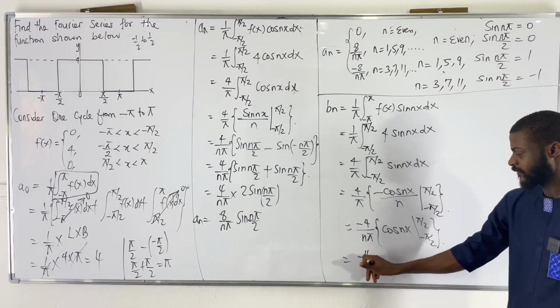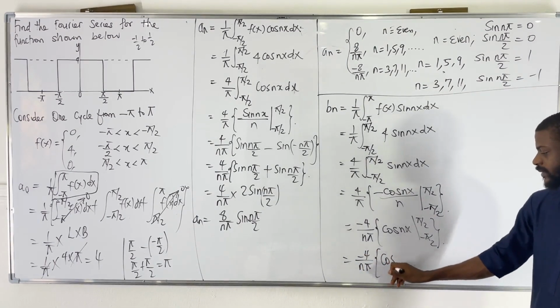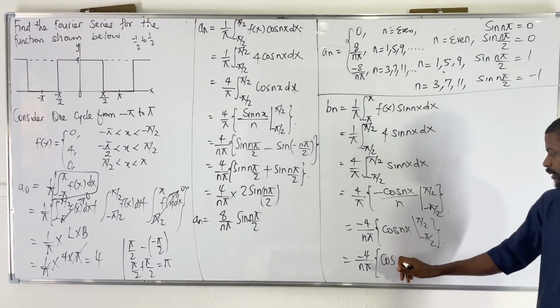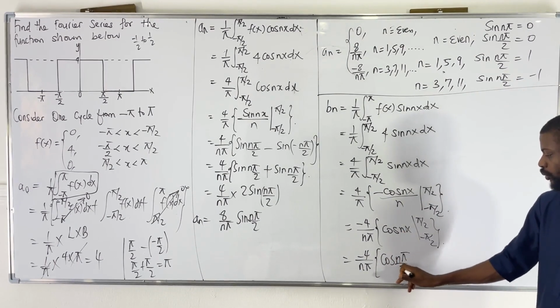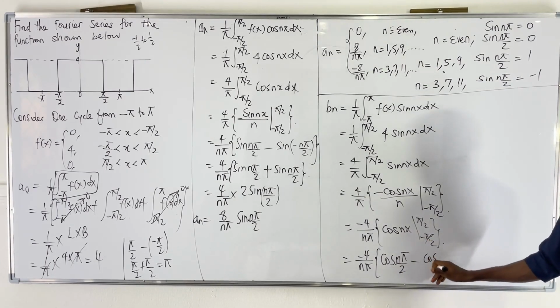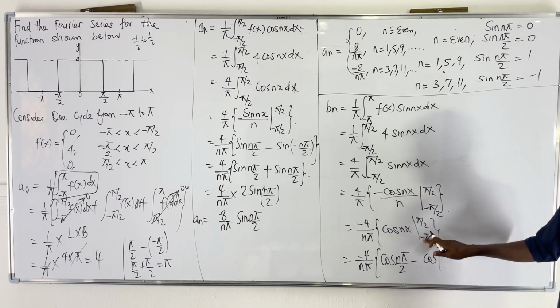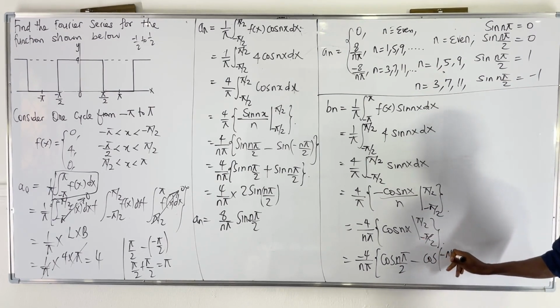So this is minus 4 over n pi, times cos of n pi over 2 minus, put in the next limit, cosine of minus n pi over 2.